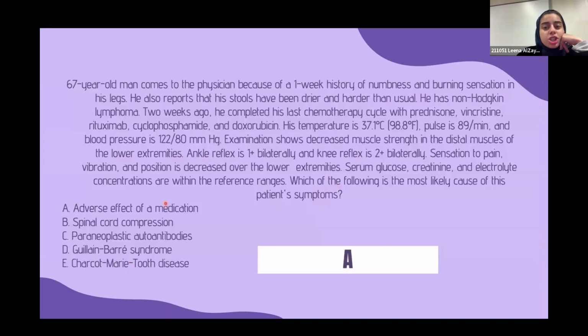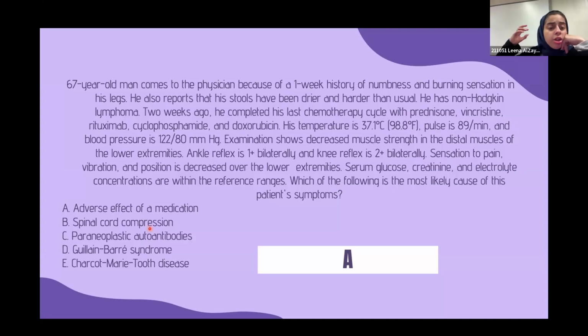If we reread the question, they were really focusing on the chemotherapy, and they weren't giving any symptoms of spinal cord compression. Spinal cord compression, as we will see later, and Guillain-Barré would show different symptoms. Spinal cord compression would show pain in the back, a burning sensation, some difficulty, or saddle anesthesia, and so on.